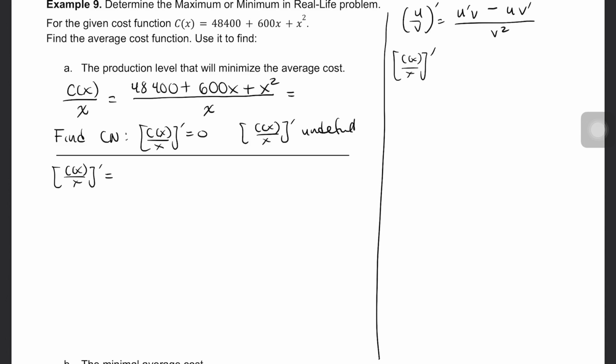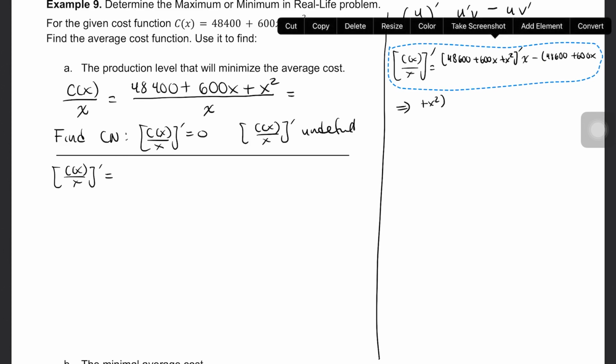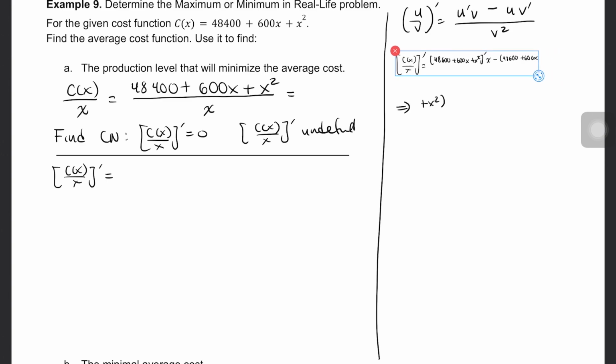The derivative of the first one prime times your bottom function, minus the top function, and then times the derivative of the bottom. Let's make this even smaller and zoom in here.